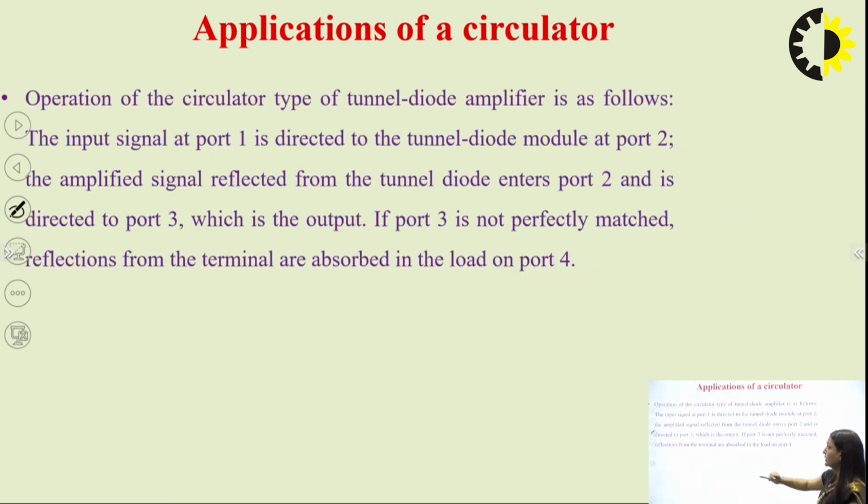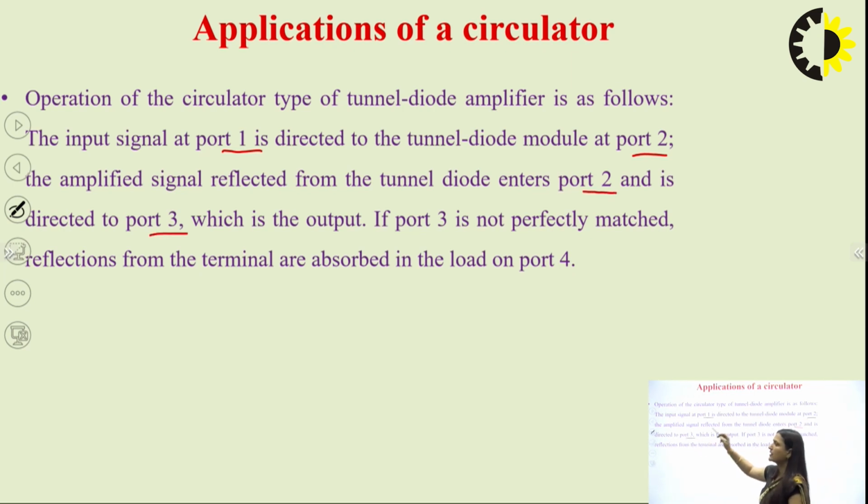So how will it operate? The operation of the circulator type tunnel diode amplifier is as follows. The input signal at port number 1 is directed to the tunnel diode connected at port number 2. The amplified signal reflected from the tunnel diode enters at port number 2 and is directed to port number 3.